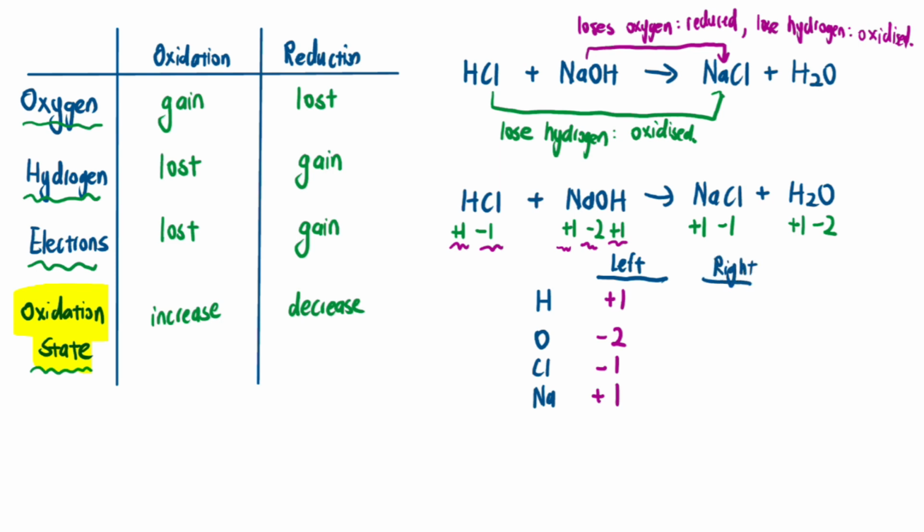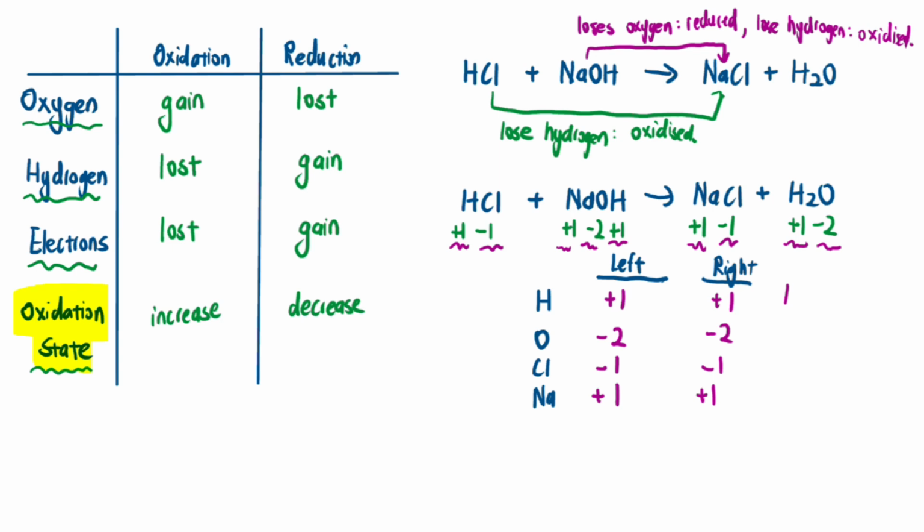Next, let's do the same for the right hand side of the equation. Starting with hydrogen, it is +1. For oxygen it is -2, for chlorine it is -1, and sodium is +1. So as you can see, there's no change in the oxidation state of any elements before and after the reaction.